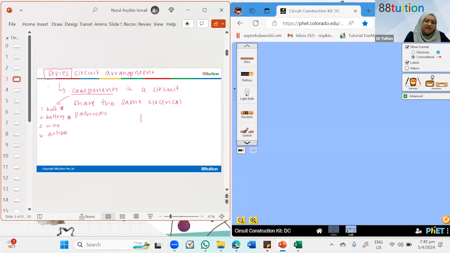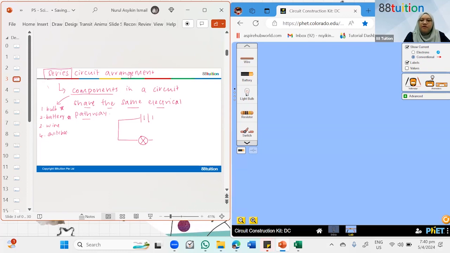First thing first, let's take our circuit to have one set of batteries here. One battery, two batteries. So one set of batteries here connected to two light bulbs. Since I want my circuit to be in series, the light bulbs must share the same electrical pathway.